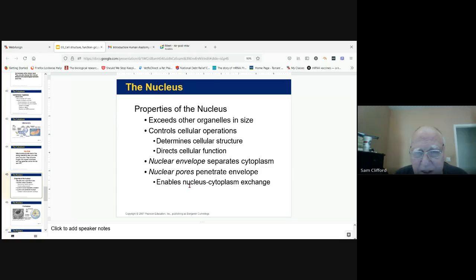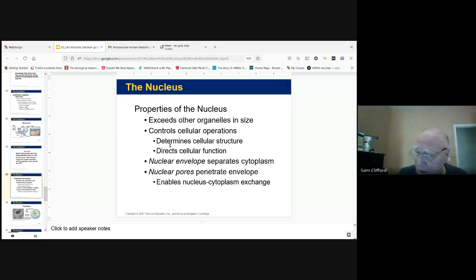The nucleus is another organelle. It's where DNA is located. It controls cellular operations when the cell copies the directions from DNA to RNA, and that RNA goes into the cytoplasm with instructions.